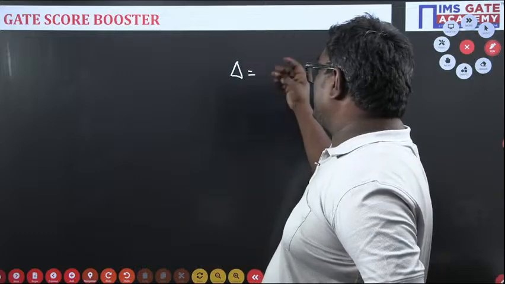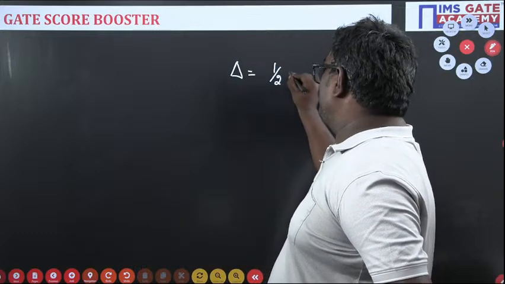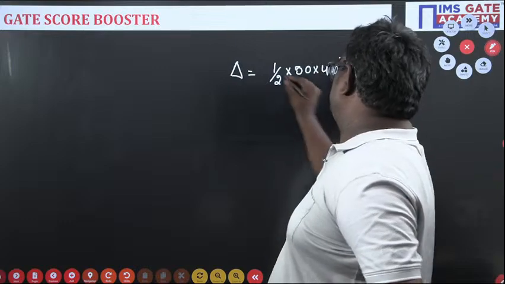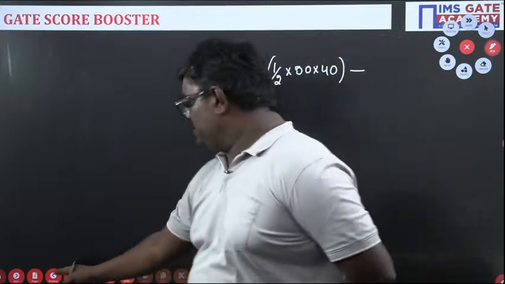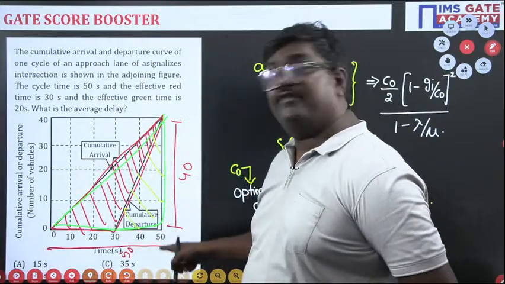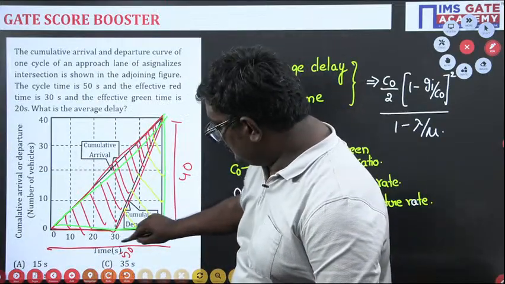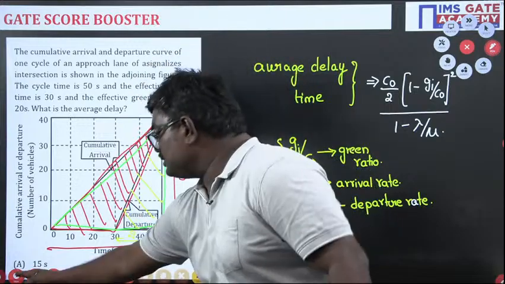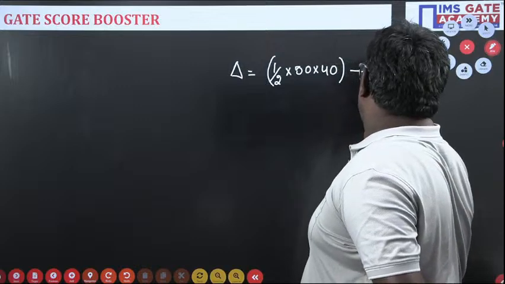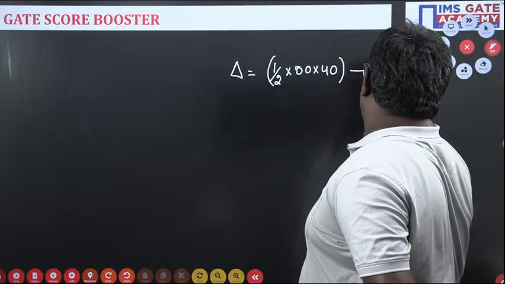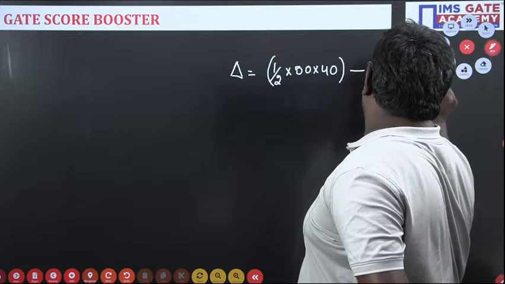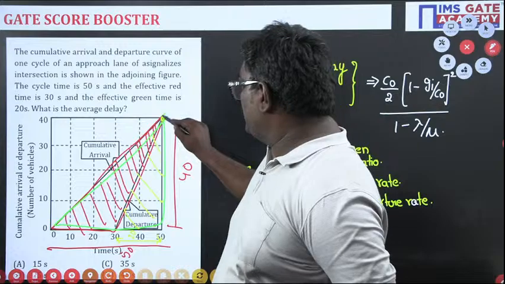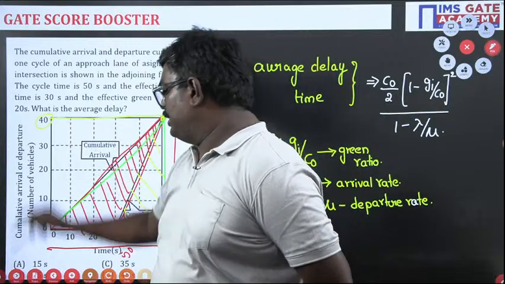So the total triangle area is half into 50 into 40, minus the area of this triangle. See students, this is important: the distance between 30 and 50 is 20. So minus half into 20 into 40, divided by the number of vehicles, which here is 40.